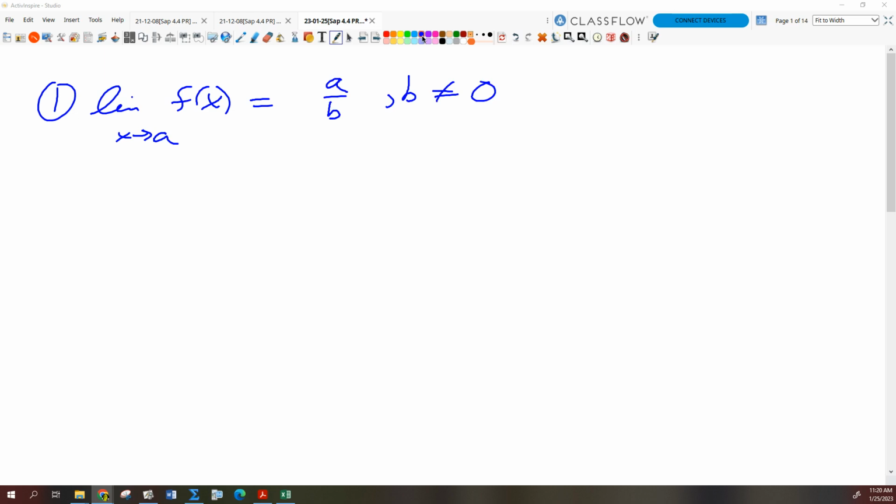We get some answer where the denominator is not equal to 0, okay? And we're done, right? We evaluated the limit directly. It was a simple one. We got an answer, end of story.